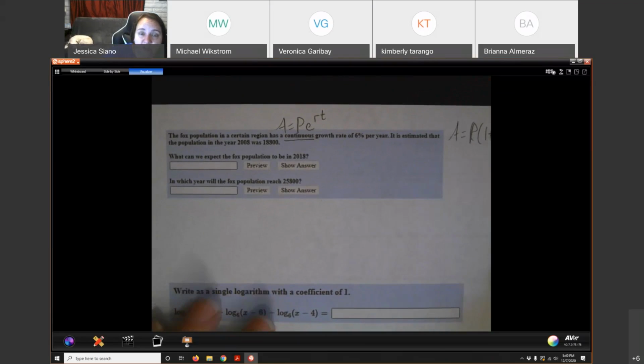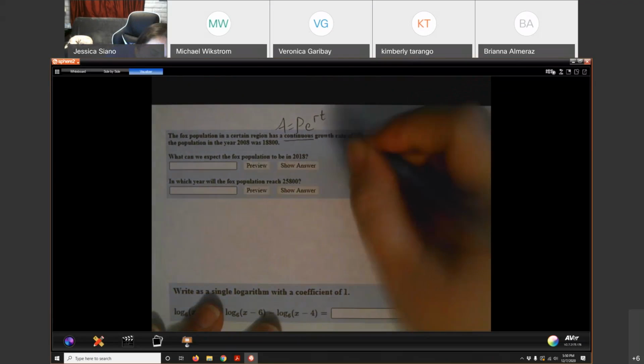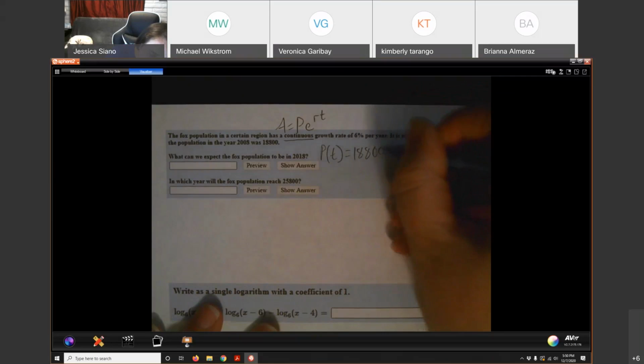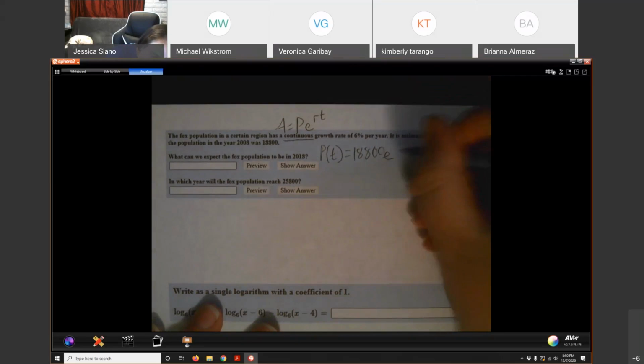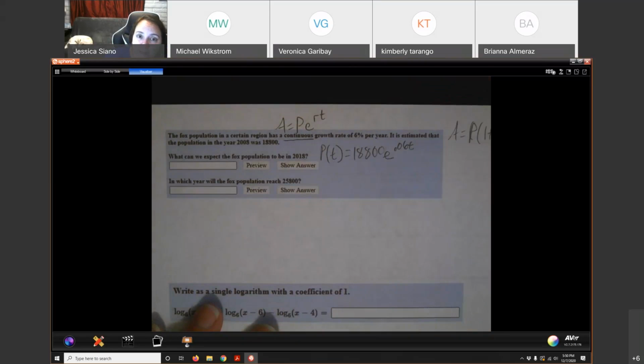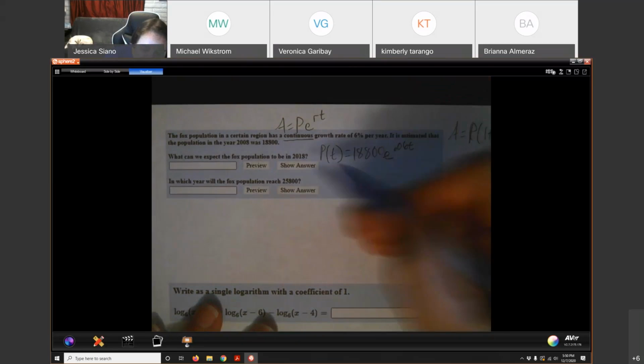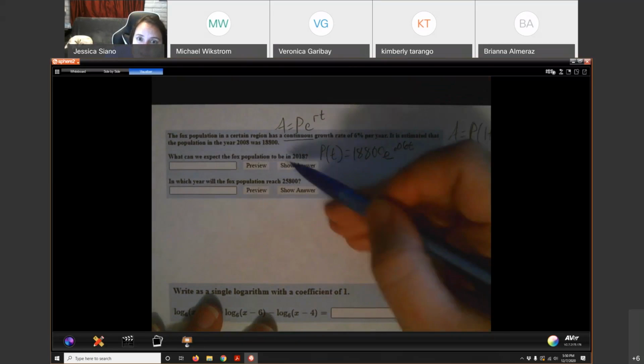A fox population in a certain region has a continuous growth rate of 6% per year. It is estimated that the population in 2008 was 18,800. So then we would say that the population is 18,800 e to the 0.06 t. And so in 2018, that would be 10 years later.